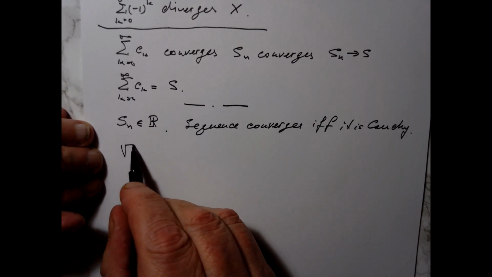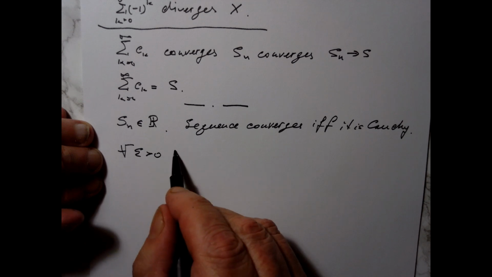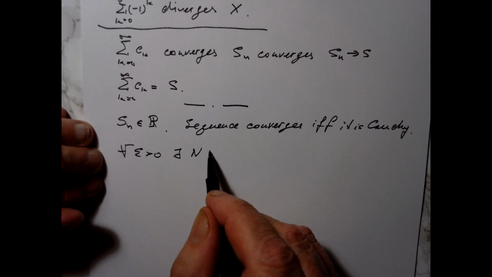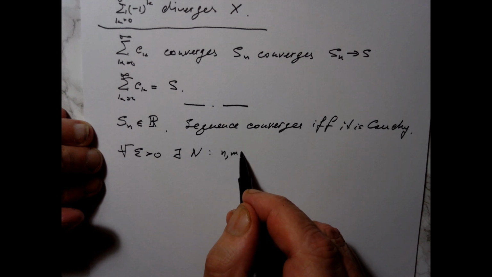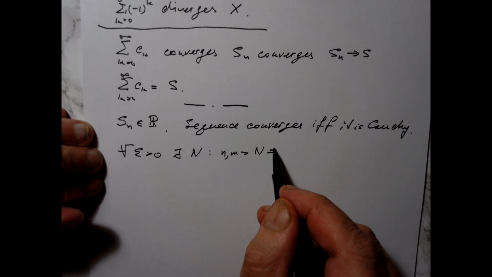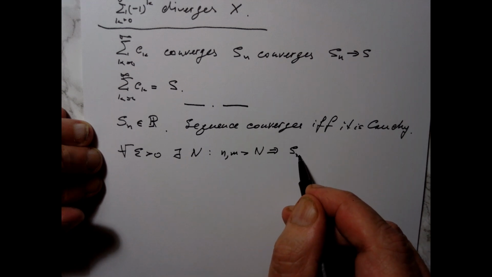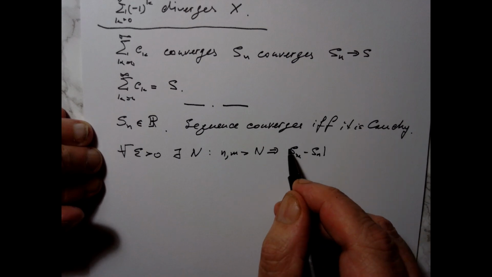It means that for every epsilon greater than 0 there exists an N such that if n and m are greater than N, this implies that |Sm minus Sn| is less than epsilon.